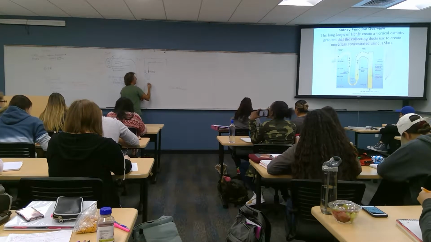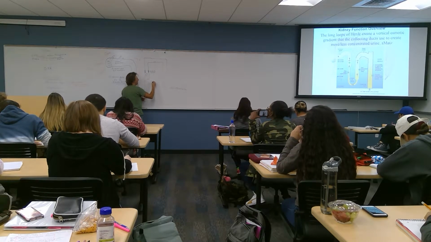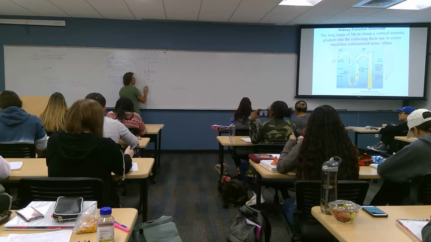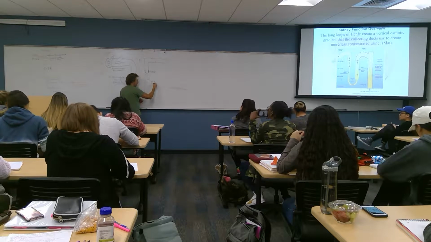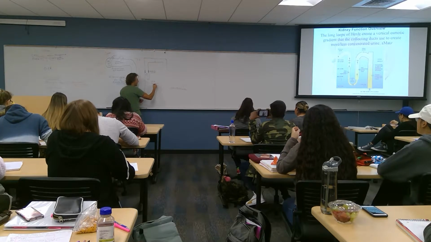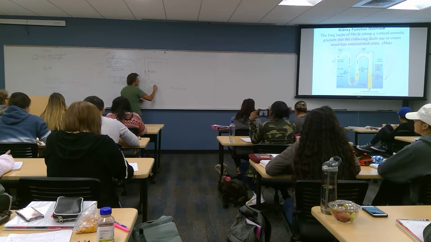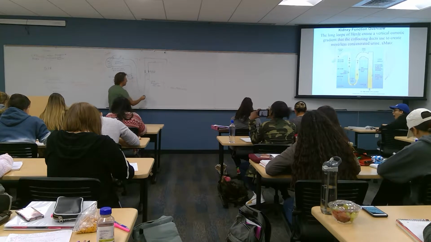When we talk about 2A and B, we're going to talk about both of these being very similar. In the ascending limb and distal tubule, those are very common.